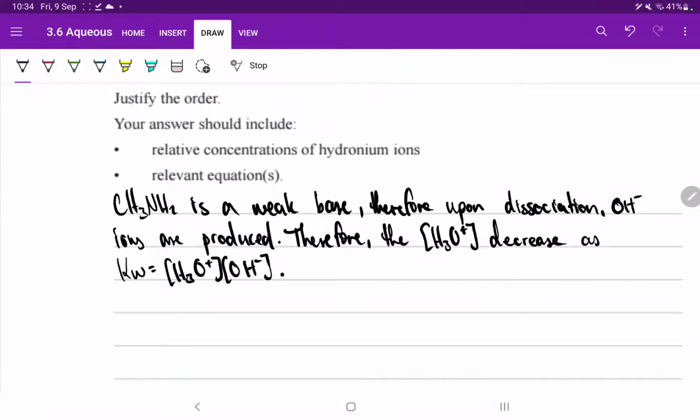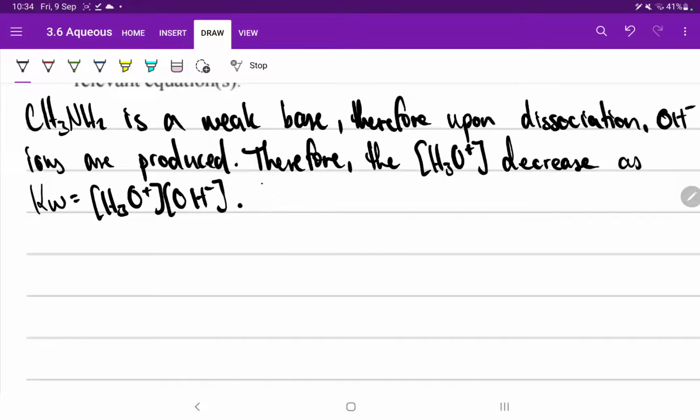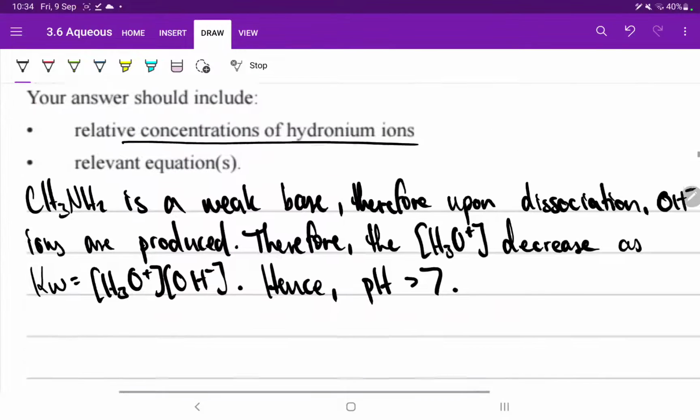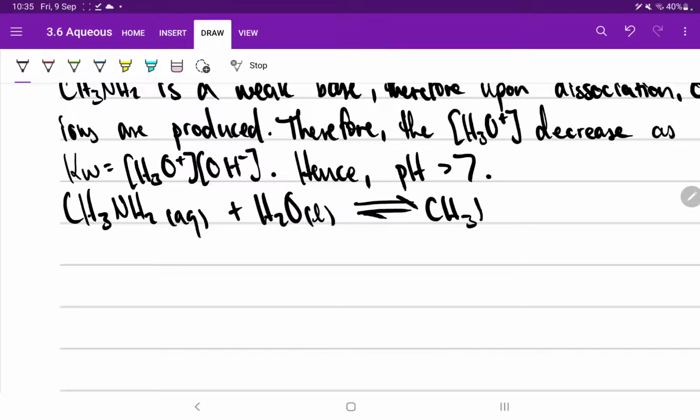Right, so that is relating to the concentration of hydronium ions. So the concentration of hydronium ions decreases, hence pH is greater than 7. Right, and let's just write an equation for that. So CH3NH2 plus water is in equilibrium with CH3NH3 plus and OH minus.